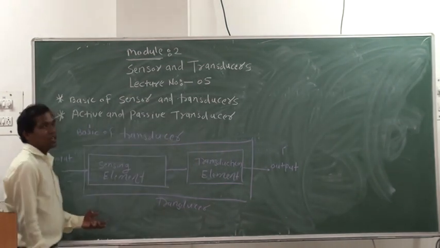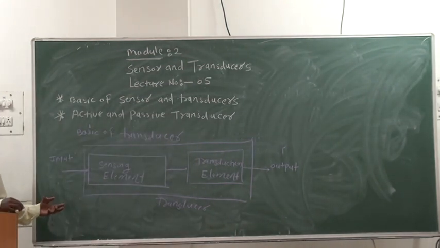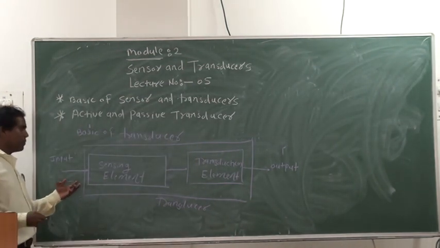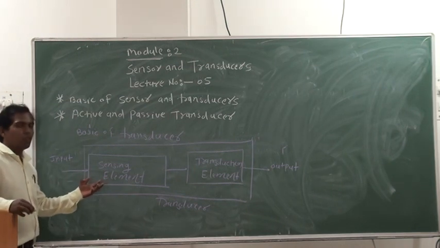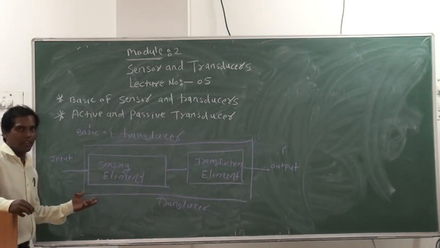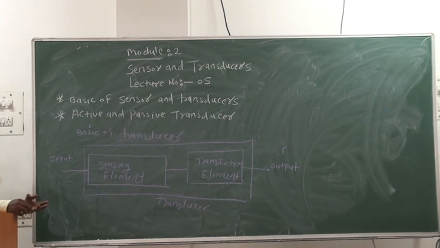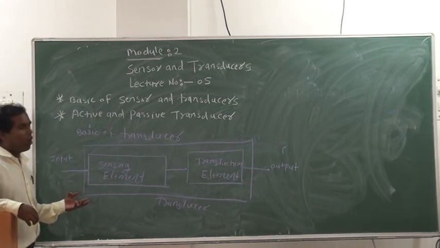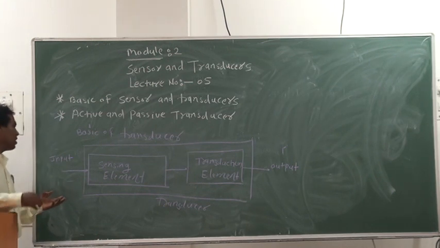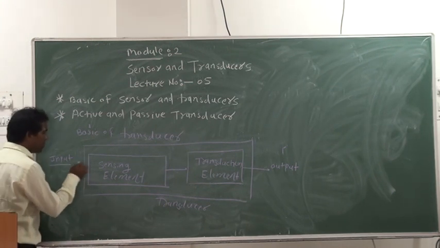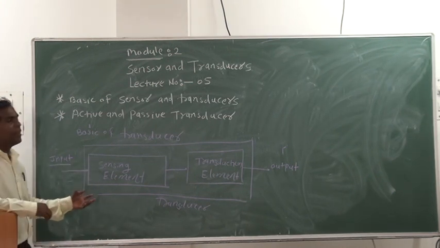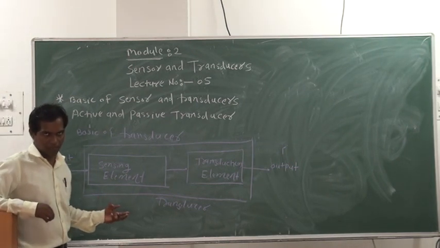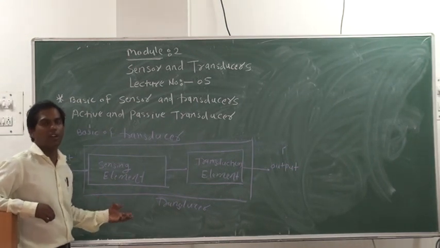So what are the sensing elements? The basic function of the sensing element is to sense the non-electrical quantity. The non-electrical quantities are in the form of light, pressure, temperature. These are non-electrical quantities which are sensed by the sensing element. The sensing elements are nothing but your sensors which detect the physical quantity.